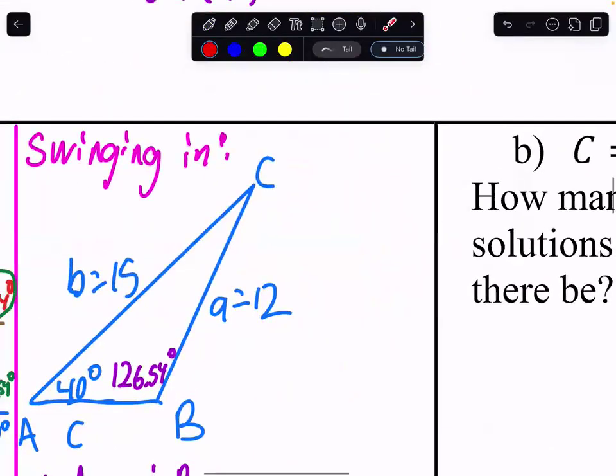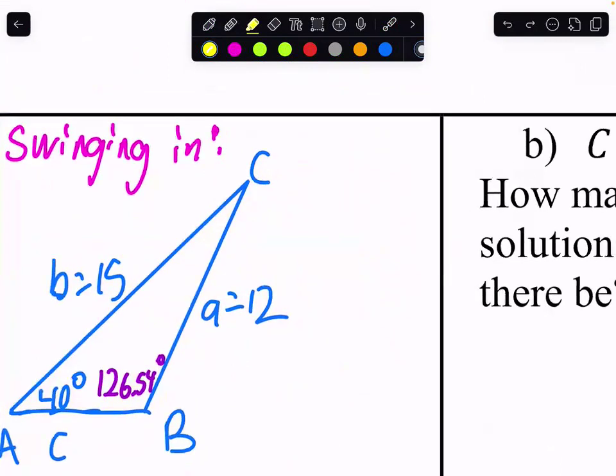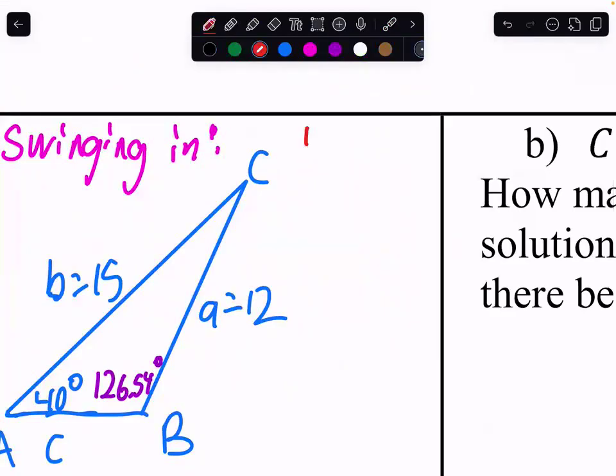So now we continue. We still need to find angle C and side lowercase c. Now that we have 2 of the 3 angles, we can subtract from 180 to get the last angle. Right, so 180 minus 40 minus 126.54.